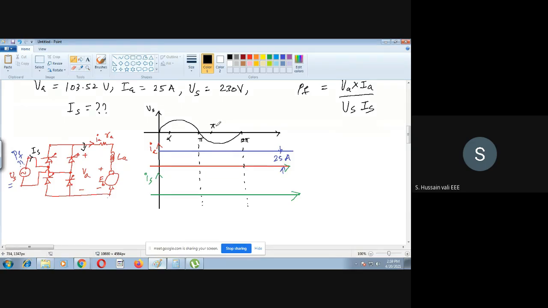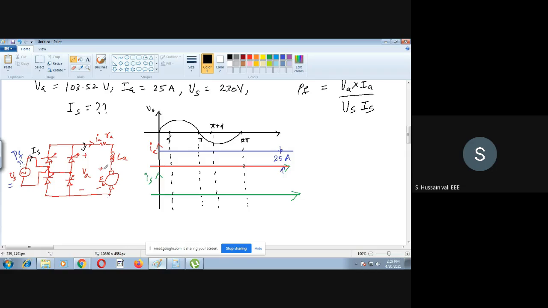This is pi plus alpha. Alpha value, pi plus alpha. So see, if you recall, it's a continuous conduction.